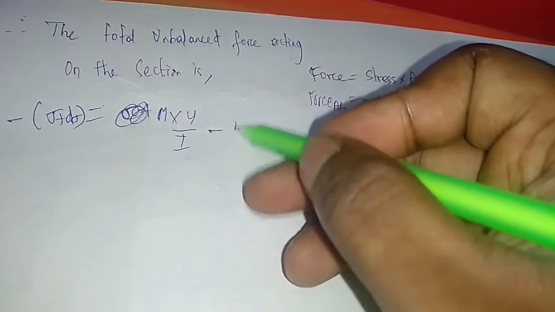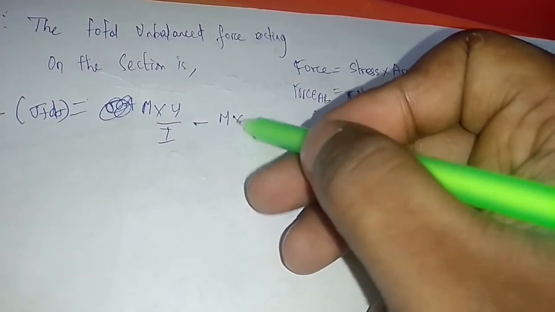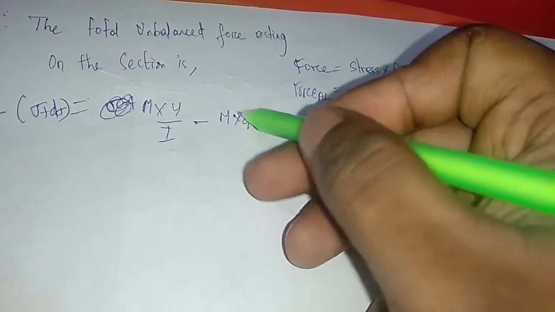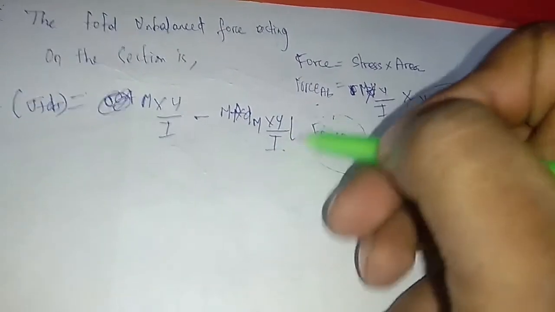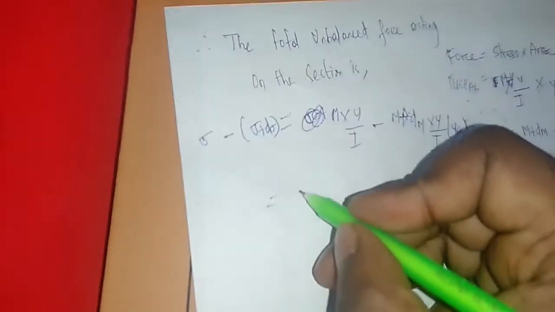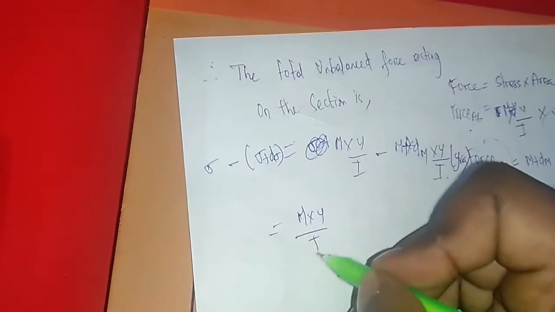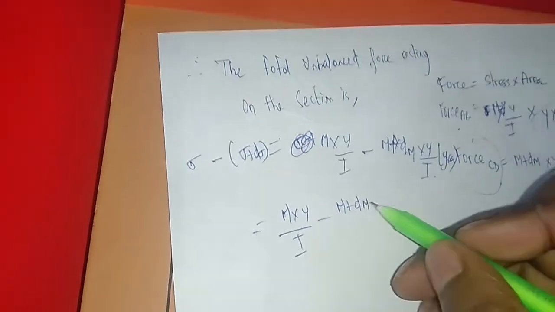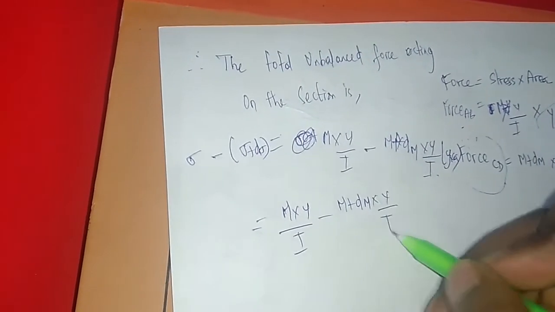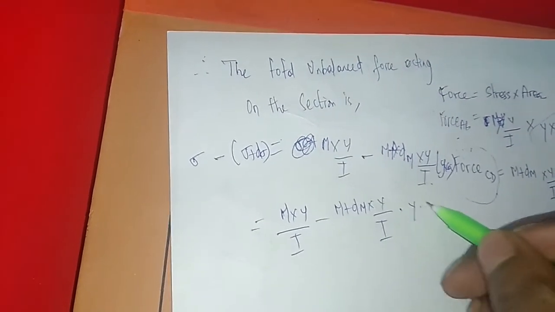So I will write it clearly on this side. It will become M into y by I minus M plus dM into y by I into y into A.